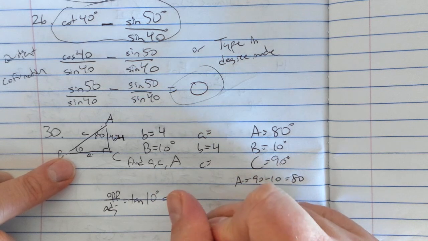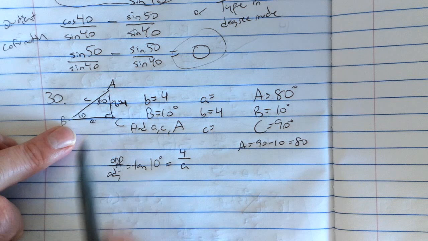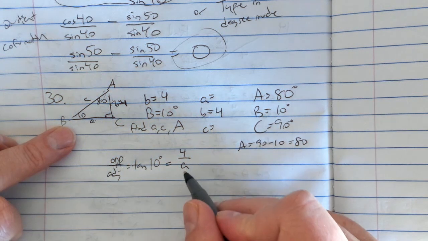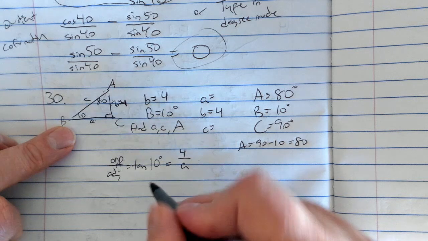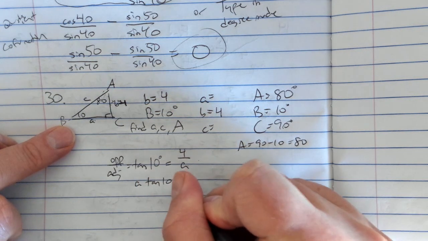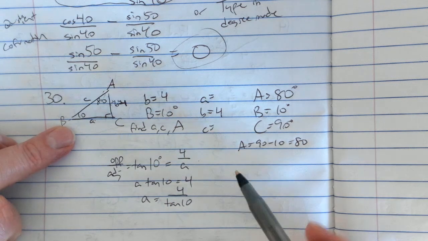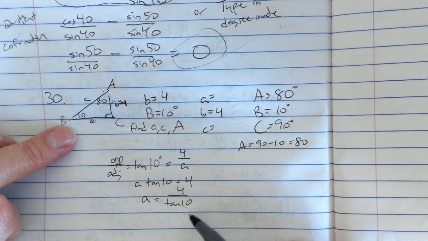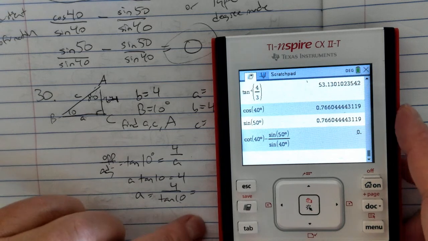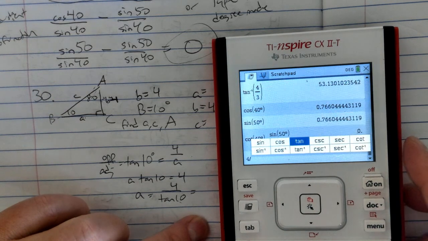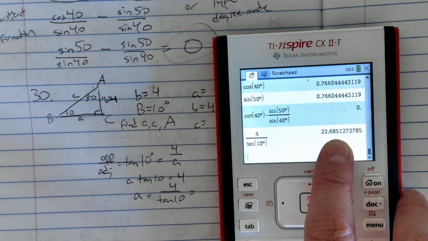Tangent 10 degrees equal 4 over A. So when your A or any variables on bottom, these two switch places because you multiply by A to both sides, and then you divide by tan 10. So if you just want to go straight from this step to this step, you can. And then we got to find our length. So this is 4 over tan 10 degrees.